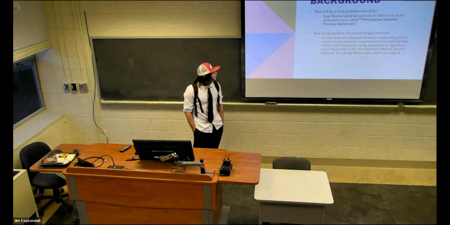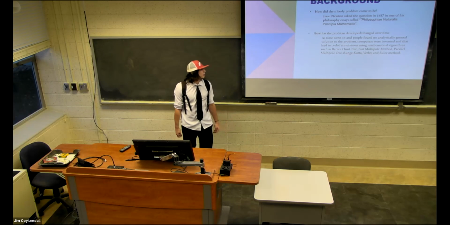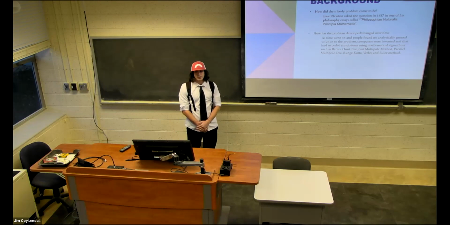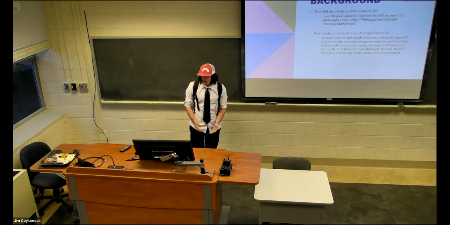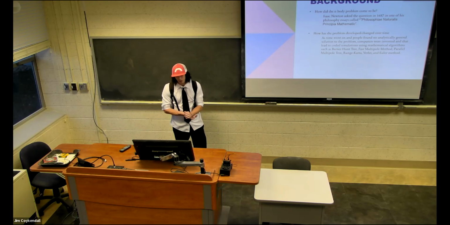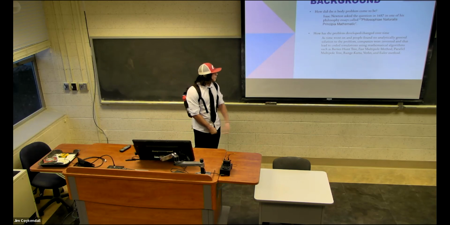How has the problem's solution changed over time? Well, as people found out that there wasn't really any analytical solution, and computers being invented, coding started to come about, we started using algorithms and simulations. There are loads of different tree algorithms you can use. I have some listed here: the tree, the Barnes-Hut tree, fast multipole method, parallel multipole tree. You can use any one of them.